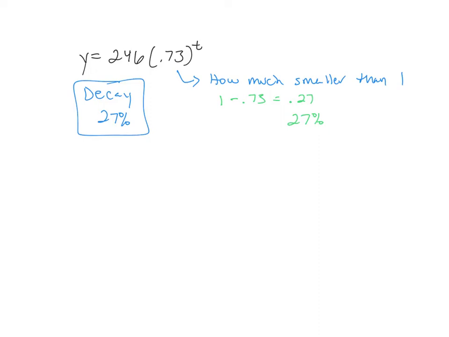Okay, so really over here, how much smaller? Got to do 1 minus 0.73 to figure that out. It's not as easy to do as the other one, 0.27, which is 27%. Okay, so just remember that also, if you had this, this would be growth, because it's bigger than 1.